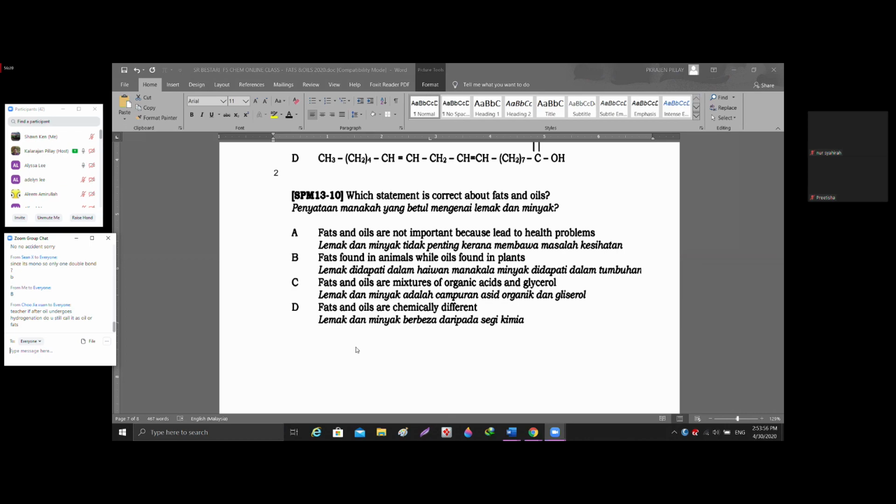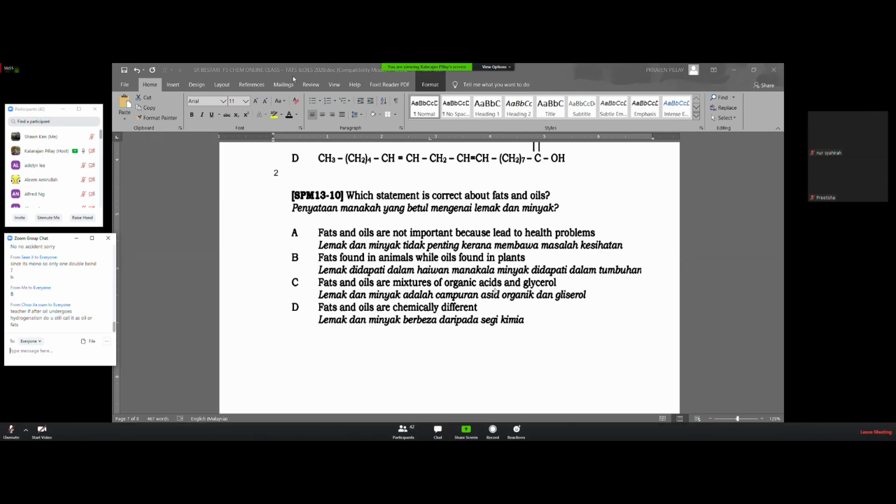Alicia, want to try? It's supposed to be fatty acids. Well done, that's a good girl. Mixtures of fatty acids, not organic acid. Organic acid will be your ethanoic acid, butanoic acid, all that. That is your organic acid. Put the note. That's why C is wrong. Fatty acids. Then D. Fats and oils are the same? They're not chemically different. So the most likely answer is B.